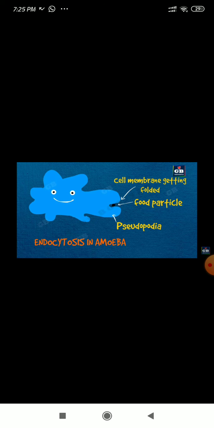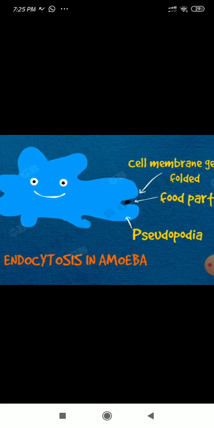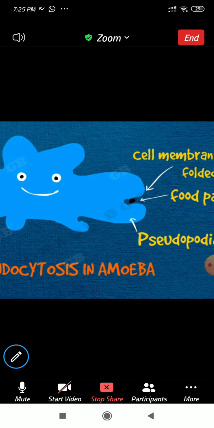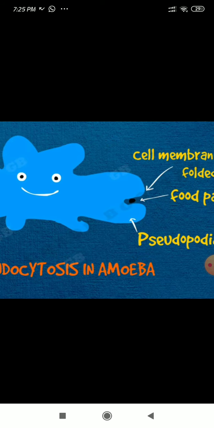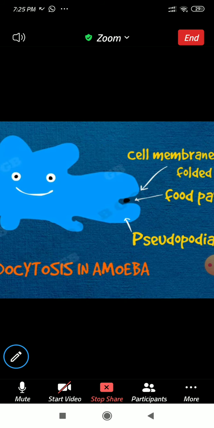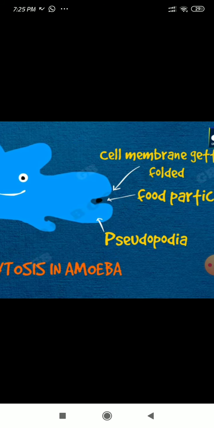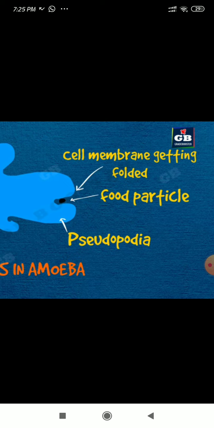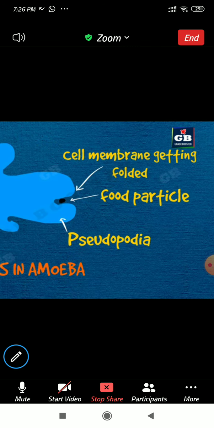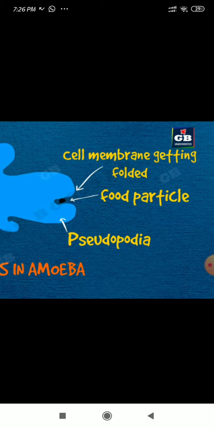Here is the cell membrane, and see the pseudopodia, the extending structures of the amoeba, which act like locomotory organs, just like our legs. With the help of the pseudopodia only, it can make movement. And here you can see the black one, we can call it a food particle. Whenever it finds food, with the help of pseudopodia, it will move near to the food and surround it.